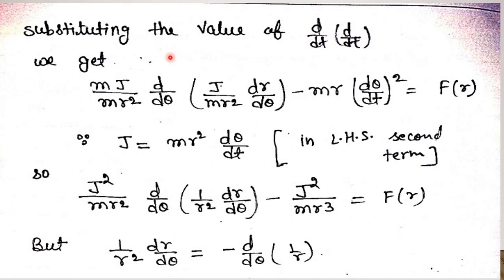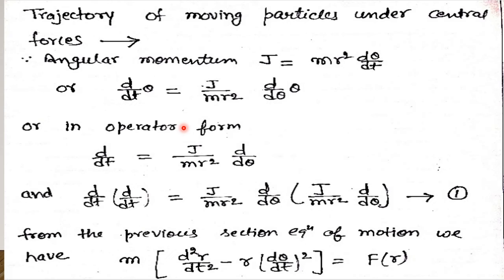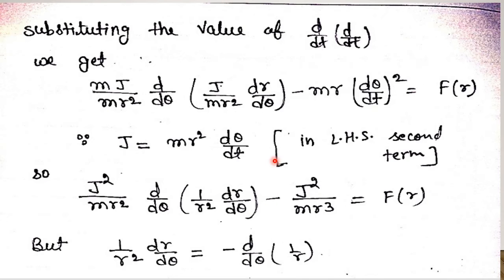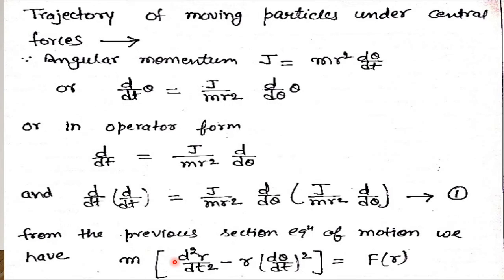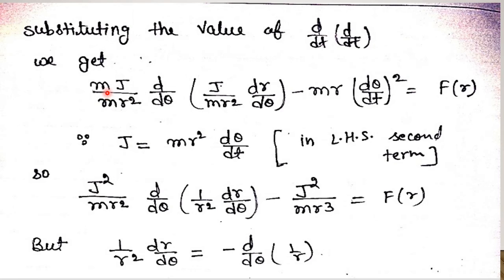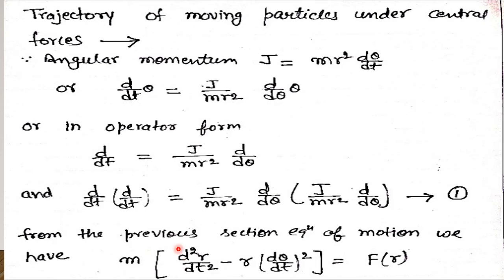So now substituting the value of this d/dt, this is the value of d²/dt². m is present in this equation, so we have m times j upon mr² d/dθ of j upon mr² dr/dθ, because here this is d²r/dt².